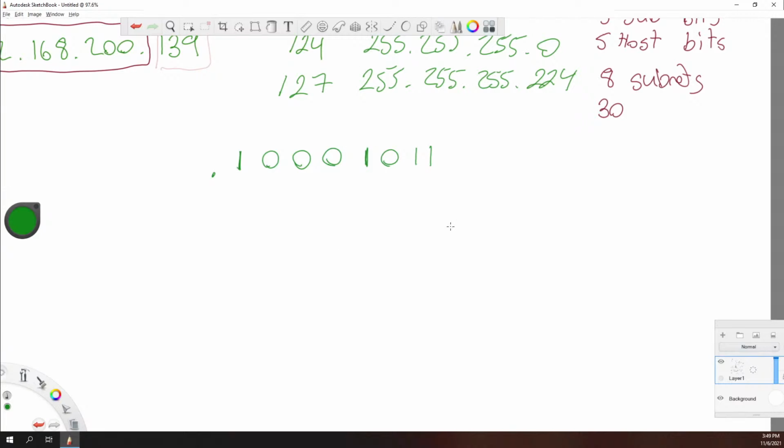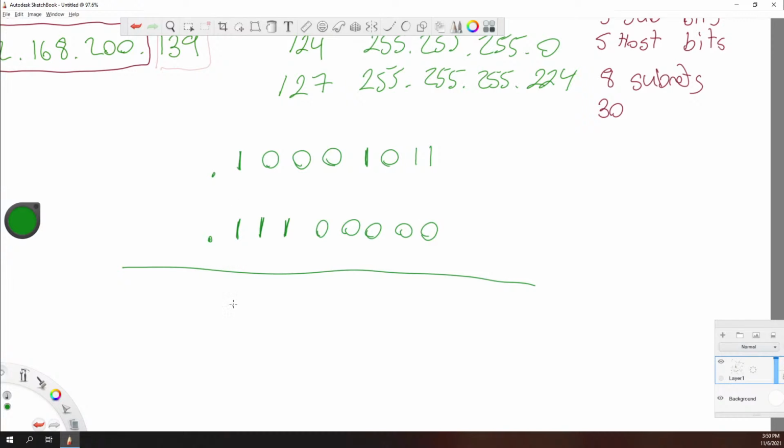All right. So next up, we need to deal with our subnet mask. We've said that we're borrowing 3 bits. So we borrow 1, we borrow 2, we borrow 3. And the rest are all going to be zeros. So what ends up happening next is we perform a little AND. We perform the AND against these 2 binaries.